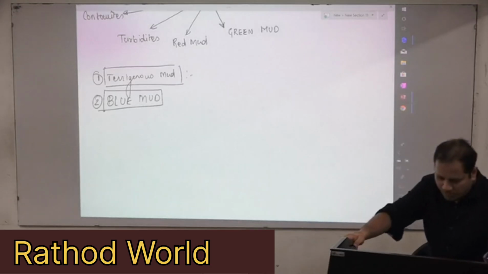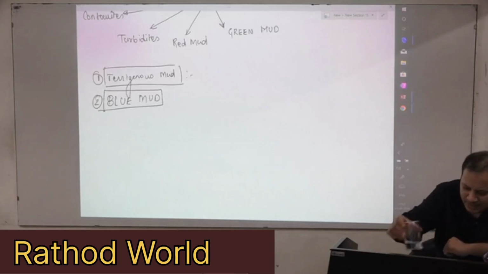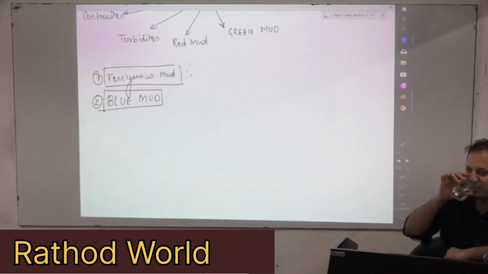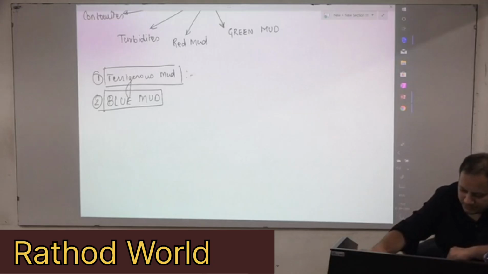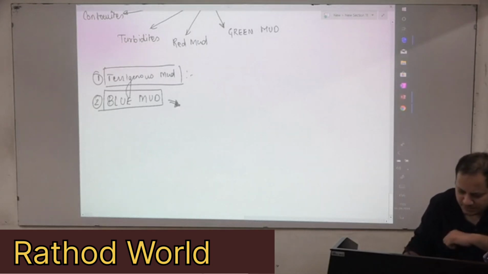So this deposit is found in deeper regions. Underline the word deeper regions. Found in the deeper regions, the regions that are deficient in oxygen.